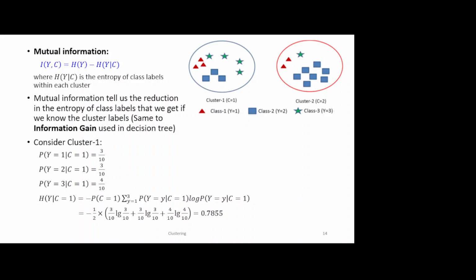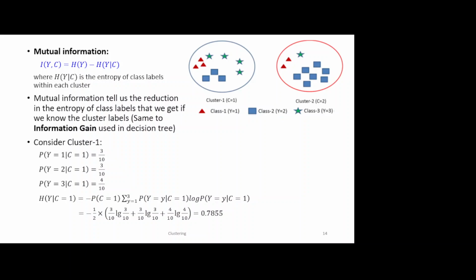For class 2, the probability is also 0.3, because class 2 is the blue square, only 3 here. And for class 3, there are 4 stars in cluster 1, so the probability is 0.4. Based on this, you can calculate the entropy given cluster 1.